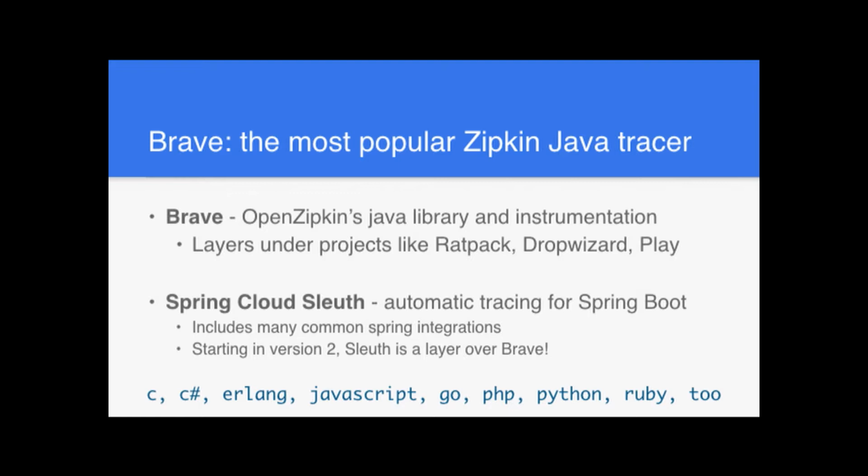There's some layered instrumentation out there that's not in the project for different types of frameworks. And Spring Boot tracing, Spring Cloud Sleuth, in its very recent 2.0 version is itself a layer on top of it. So it's got lots of practice.